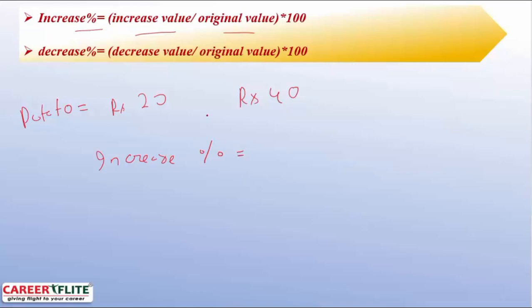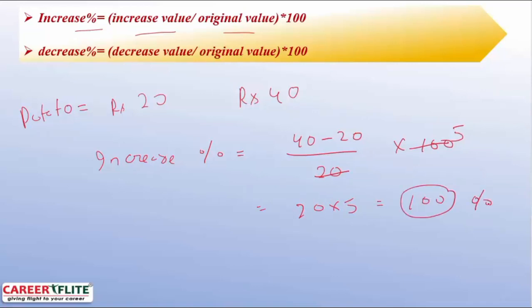The increase percent will be increase value, that is 40 minus 20, by original value. What is the original value? Original value was 20, into 100. If you solve it, we will get 20 into 5, that is 100. So there is a 100% increase in the price of potato.